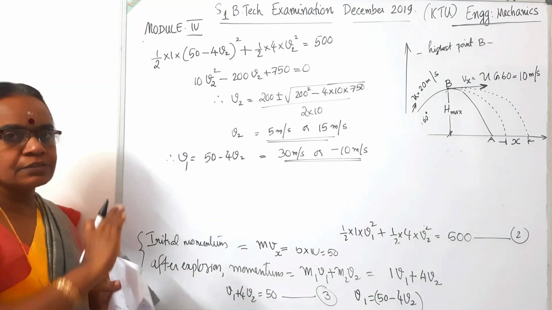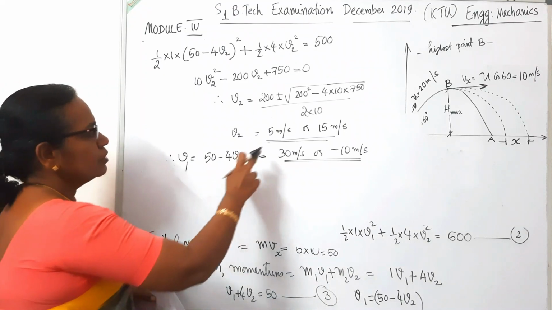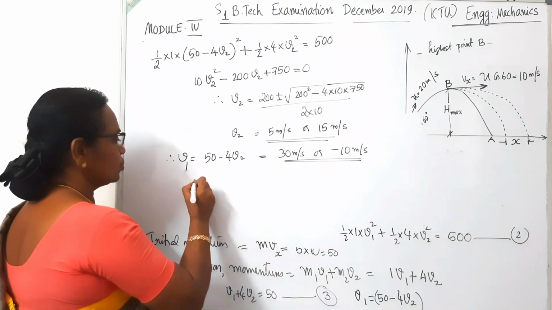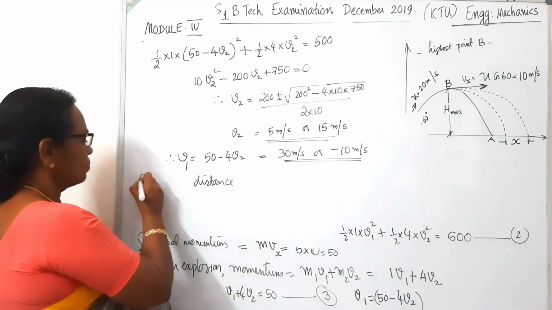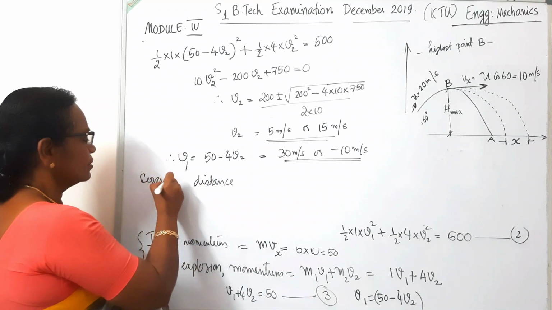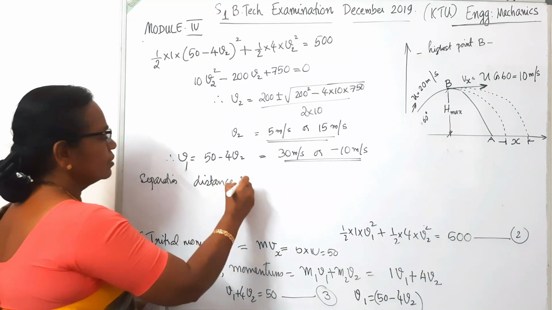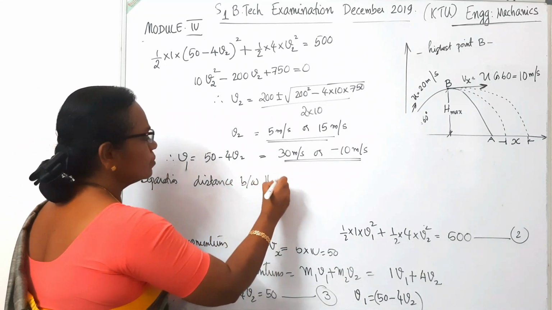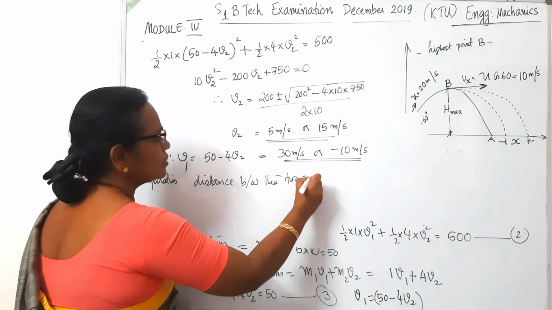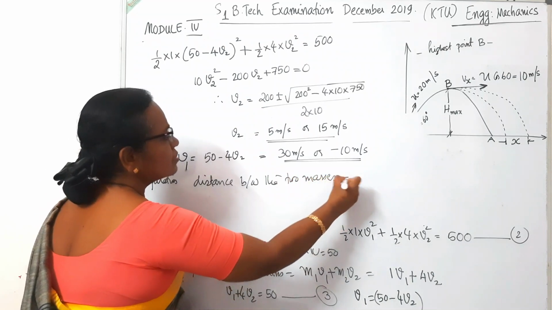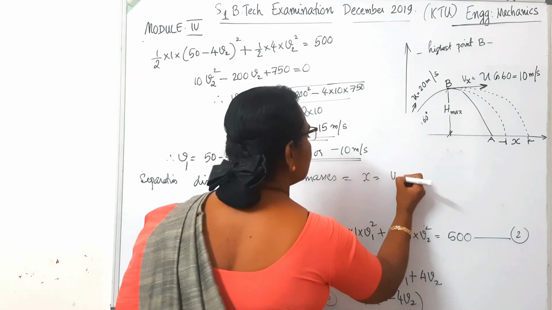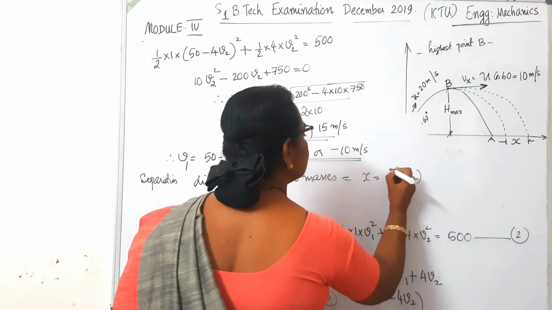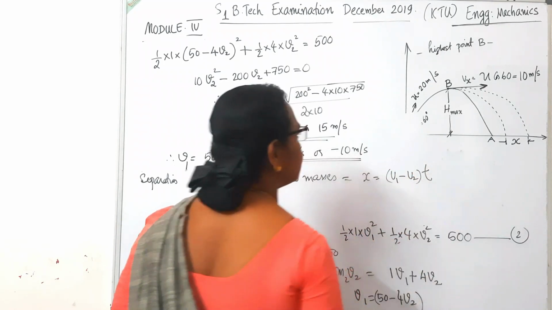Now what is the separation? Separation means v1 minus v2. The separation distance between the two masses, x, is equal to v1 minus v2 into t.